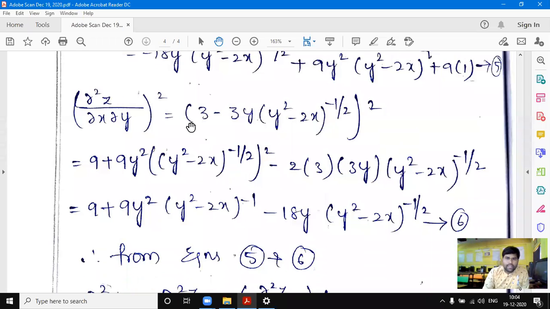Okay, right. So how is it done? We treat this as A and this total term as B. (A − B) whole square.